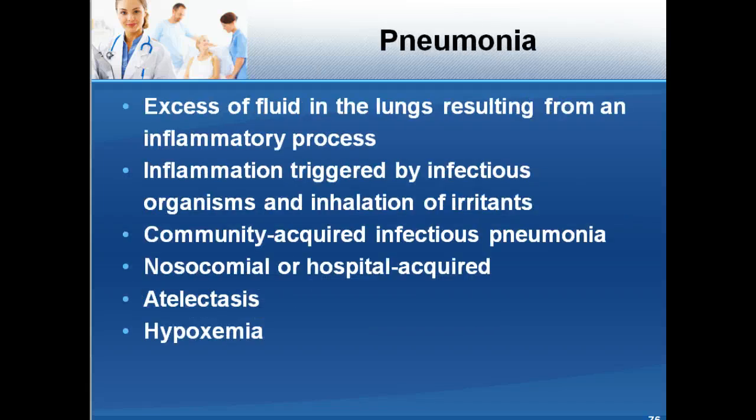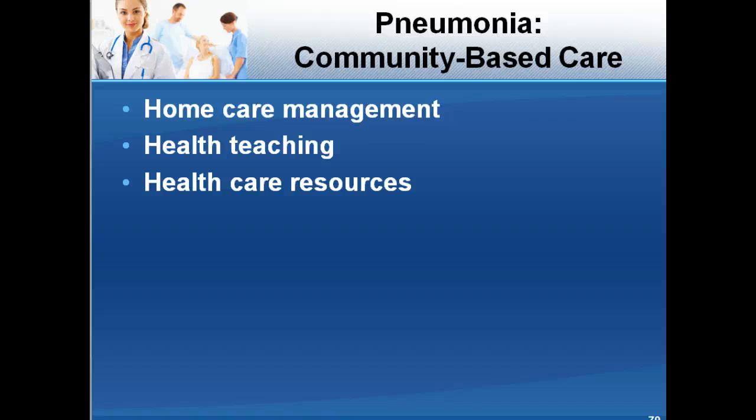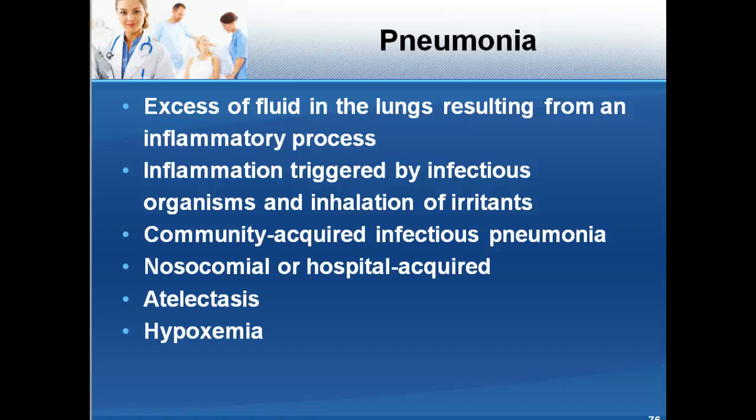Secondly, we got the pneumonia, and pneumonia is highly, highly contagious. It's excess of fluid in the lungs resulting from an inflammatory process, and it can result in their lungs collapsing.